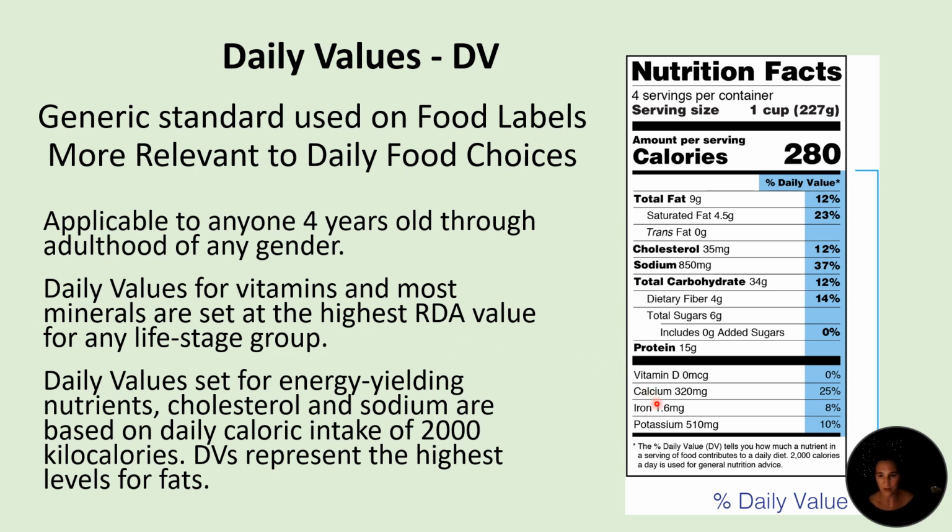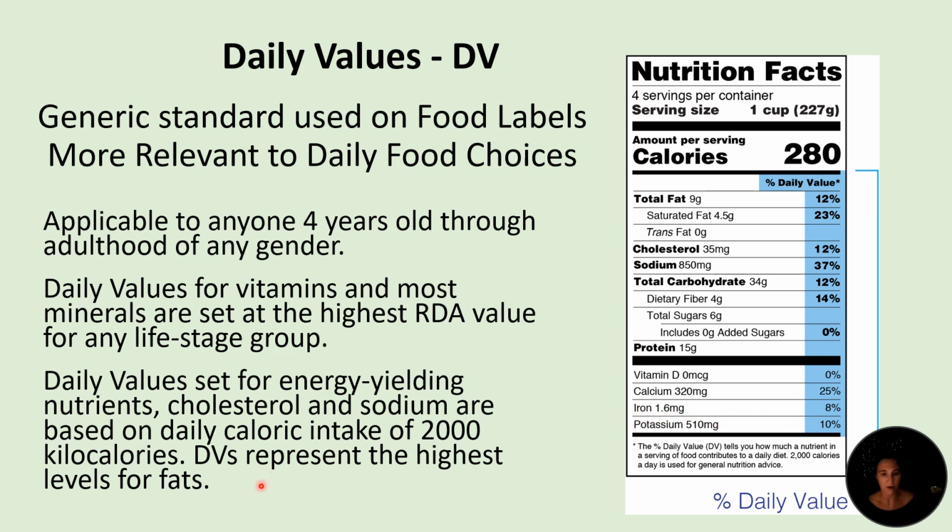For example, we talked about how women between the ages of 19 and, I think it was, 55 need more iron. We don't have different levels of iron set for different age and gender groups on our nutrition facts label. What scientists do is pick the highest level that is needed, the level needed by menstruating women, and that is the daily value put on labels.